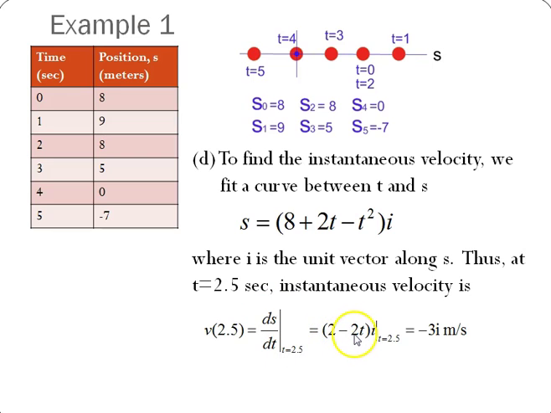That is 2 minus 2 into 2.5, that is minus 3 meters per second is the instantaneous velocity at time t is equal to 2.5. Because it is negative, we say that at time t is equal to 2.5, the body is moving to the left.